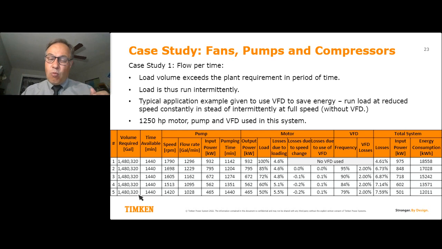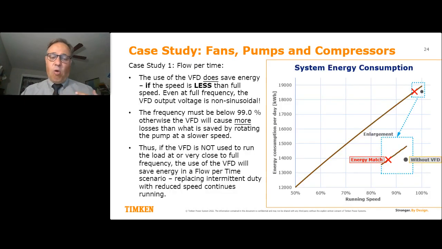Now, one could almost say, well, I should use the VFD always. Not really. What I did was when I plot this curve, and the curve is for all kinds of different running speeds, what I found was above about 99% frequency, the losses in the VFD actually exceed what the motor would be without the VFD.